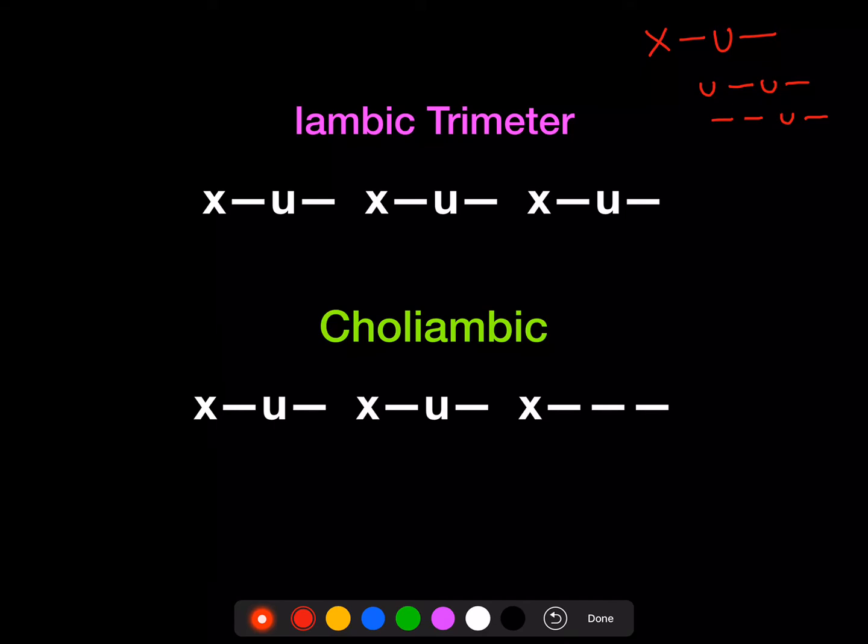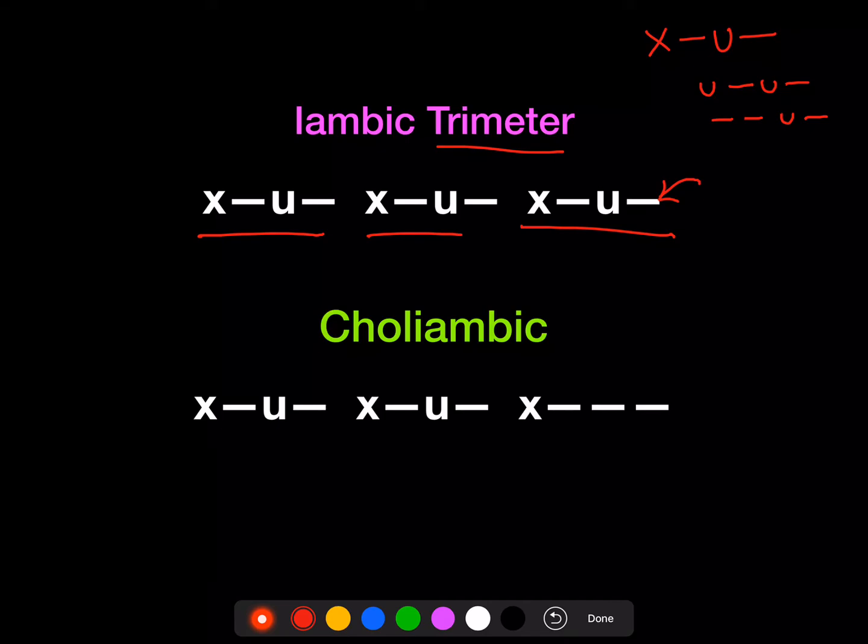All right, so iambic trimeter has 3 iambic metra. So 1, 2, 3. Okay. And this last syllable, and we've seen this already in doing dactylic hexameter, that last syllable can actually be either short or long, but it always counts as long. And that's because the end of the line kind of gives us a little rest.